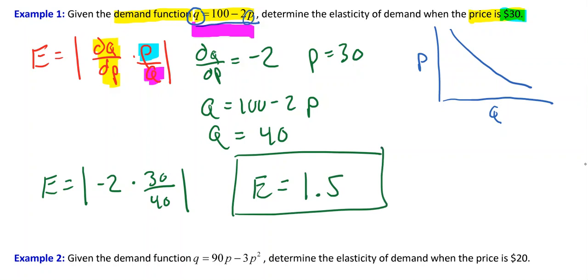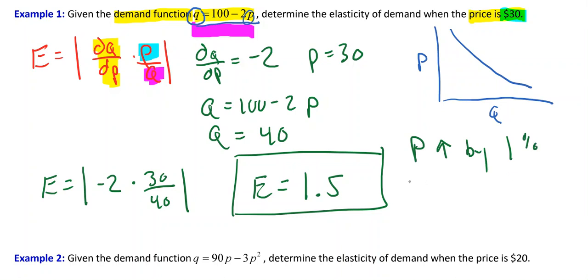Now the question is, what exactly does that mean? So remember, let's go back to the definition. Elasticity is the percent change in the quantity demanded for a given percent change in price. So let's say that price increases by 1%.